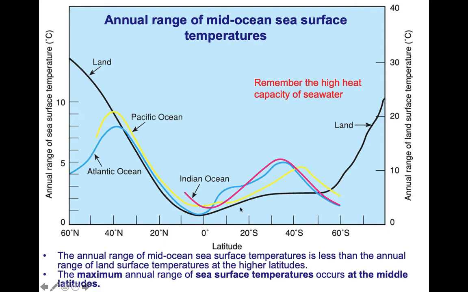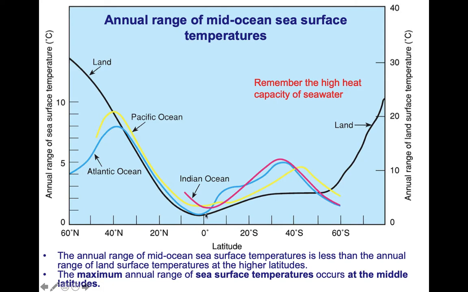In the equatorial region, the annual fluctuations are not that important on land, but as you go beyond 20-degree north and south latitudes, immediately you start picking up a significant gradient in the range of temperatures.